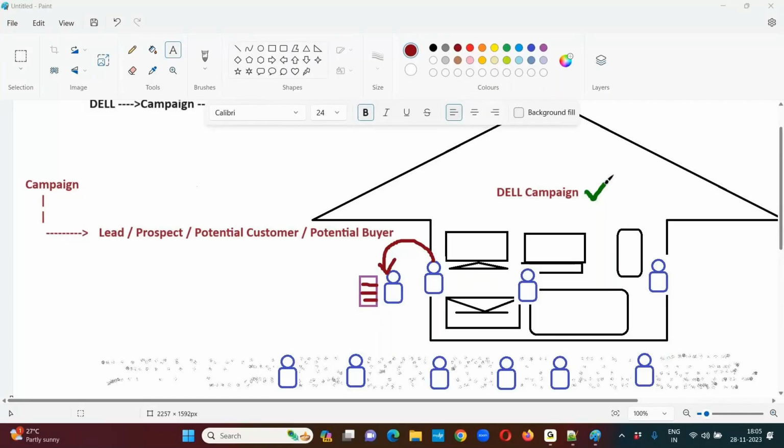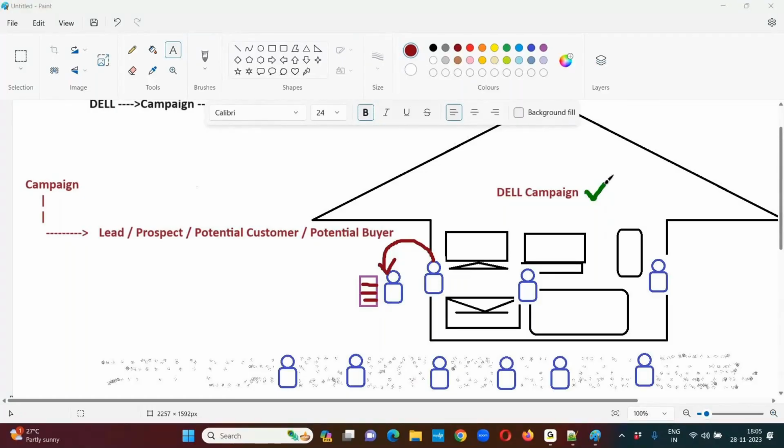No. Whatever laptops and desktops they need, they can purchase from any vendor, Dell, HP, Lenovo, or any other. In this case, a lead is nothing but a person or an organization or a business who just showed interest in your product or service. Okay, understood the concept here?